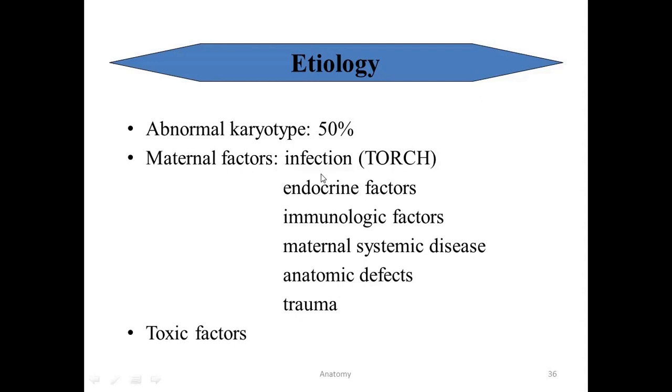The mother may get infected by TORCH infection, or there may be endocrine factors, such as endocrine diseases, hormonal disturbance, immunological factors, maternal systemic diseases, anatomic defects, and trauma. These can also be responsible for medical termination of pregnancy. Then toxic factors, certain medicines, certain radiations acting as toxic factors, can also induce medical termination of pregnancy or abortion.